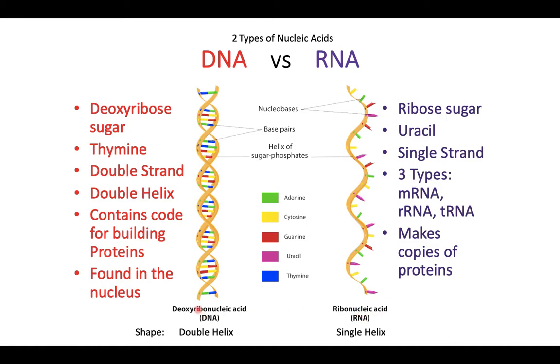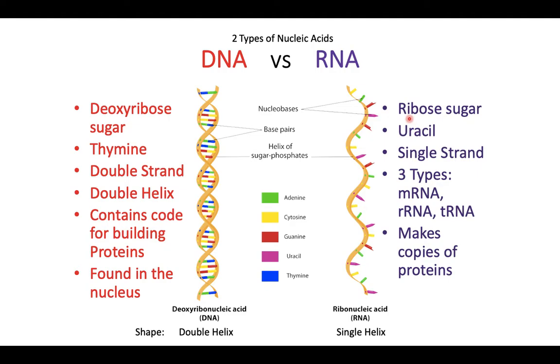Notice that both of them contain sugars. The difference is that DNA contains what is known as a deoxyribose sugar. It is a pentose sugar. That means that it's a molecule with 5 carbons. And RNA has what is known as a ribose sugar. So the sugar component varies a little bit.